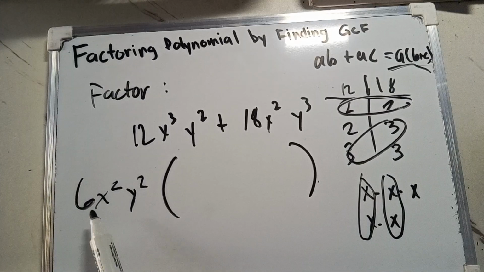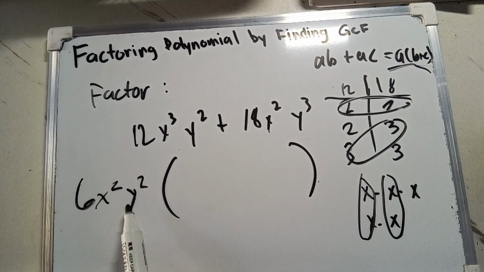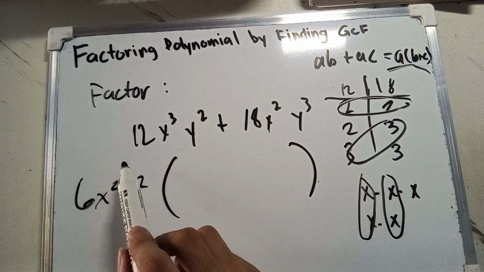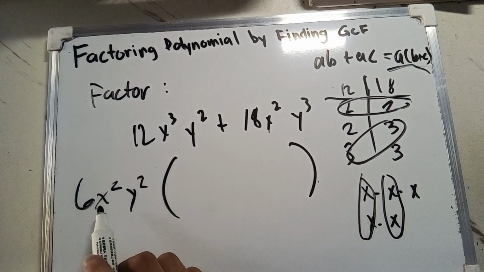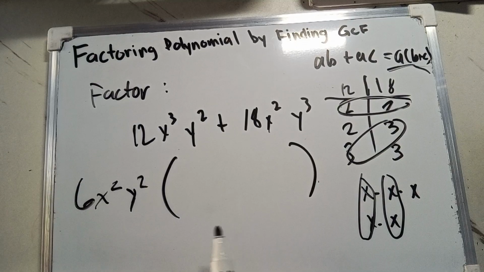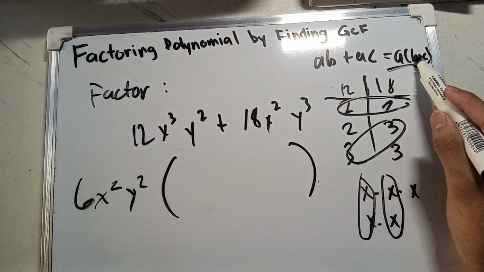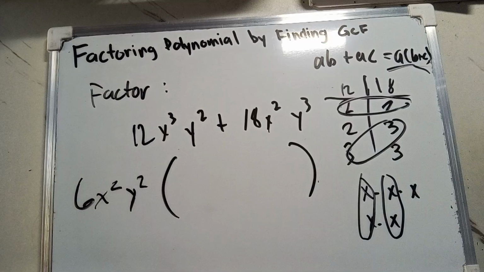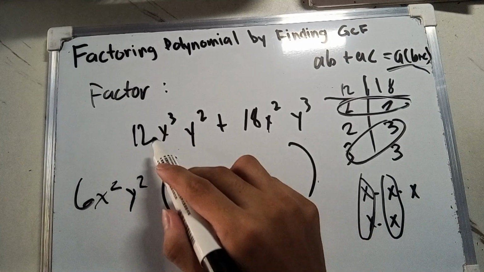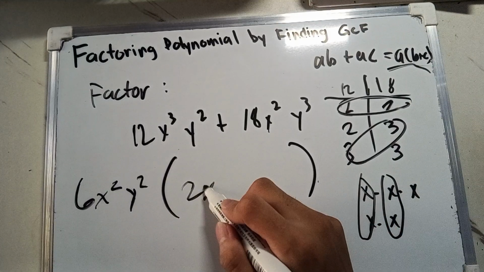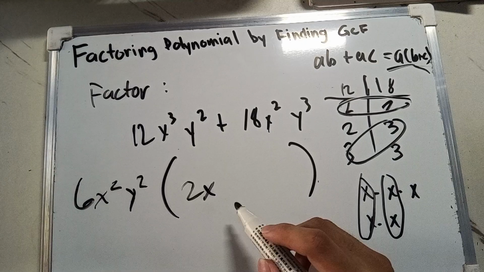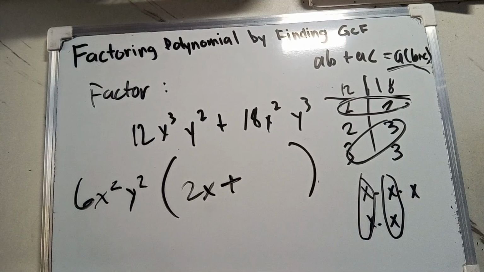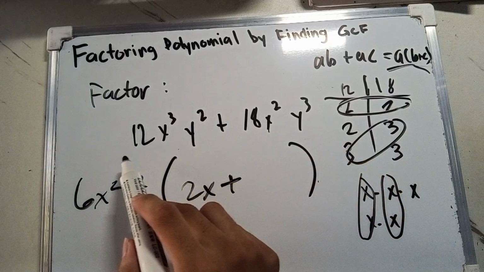After that, we divide the first term by 6x squared y squared in order to get the factor inside the parentheses. 12 divided by 6 is 2. x cubed divided by x squared is x. y squared divided by y squared is just 1, so we disregard it.